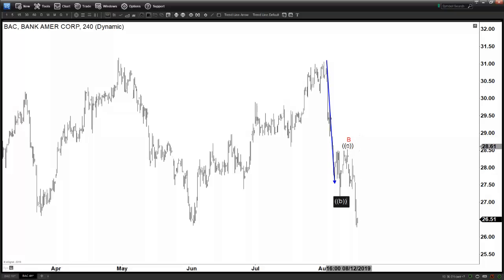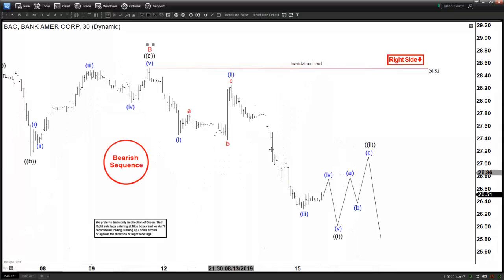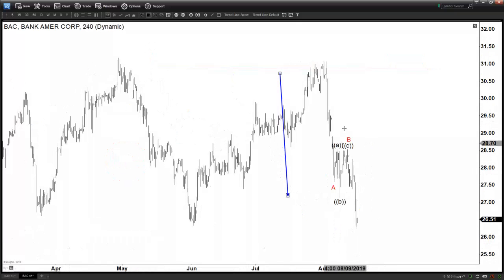Alright, some sort of a flat ABC, expanded flat. So this has to be your A here, and it does look impulsive. So you got a first leg impulsive, you got a flat, then it has since resumed lower again, breaking below the B. So this is your C leg right now, and we are in the process of ending with 1 of C. Alright, we are in the process of ending with 1 of C, and then any bounce can continue to fail for further downside in the BAC right here.